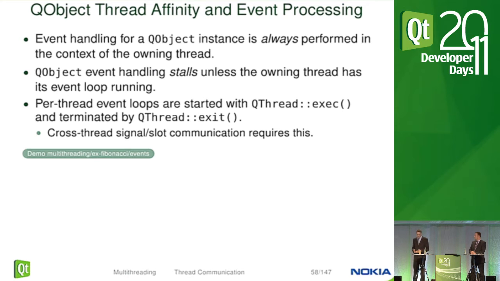So there's QThread::exec, which allows you to start an event loop in that thread. And that, of course, is something you need to do to trigger event processing in that thread. So if now a thread belongs to the wrong object, you might get your event delivered in the wrong thread, and the following task is executed in the wrong thread.